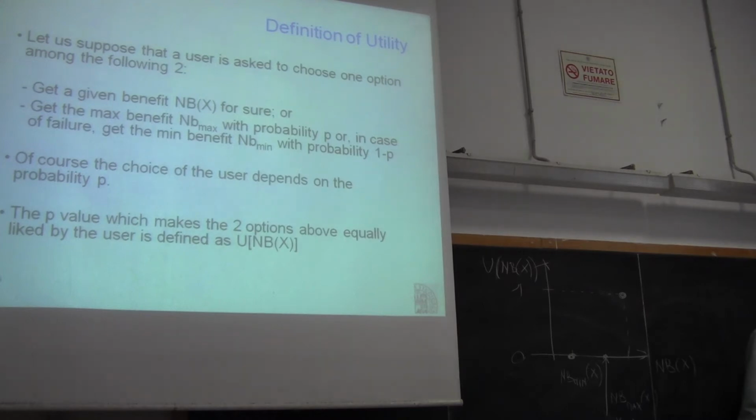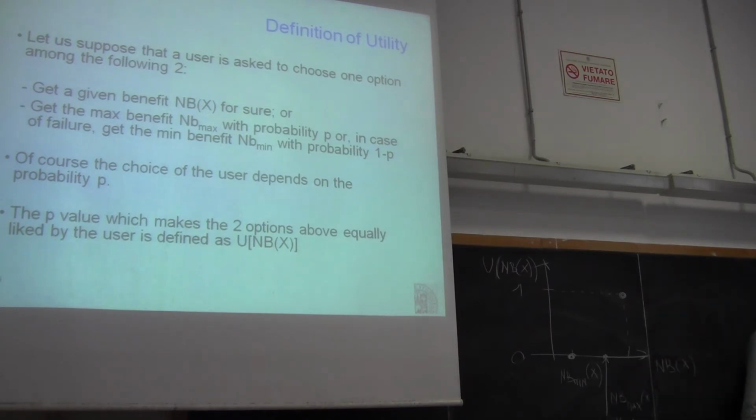So uncertainty means that if I refer to a benefit MB star, I'm not sure of getting it. What I'm sure is that at most I get the maximum of the benefit, at least I get the minimum.